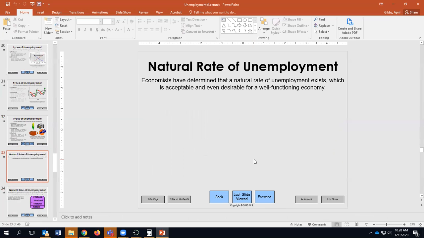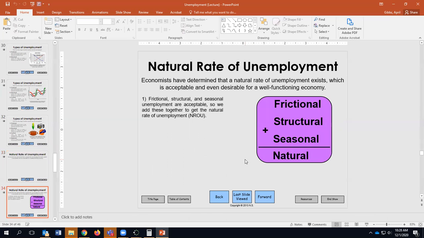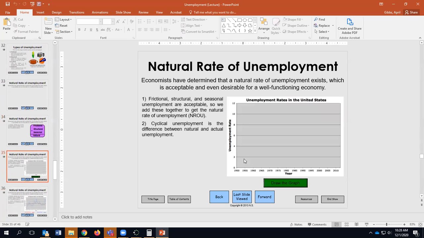Economists have determined that a natural state of unemployment exists, which is acceptable and even desirable for a well-functioning economy. Frictional, structural, and seasonal unemployment are acceptable, so we added these together to get the natural rate of unemployment. Cyclical unemployment is the difference between natural and actual unemployment.